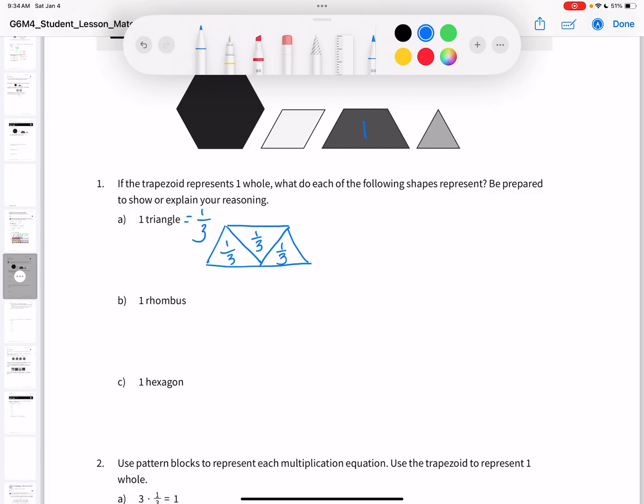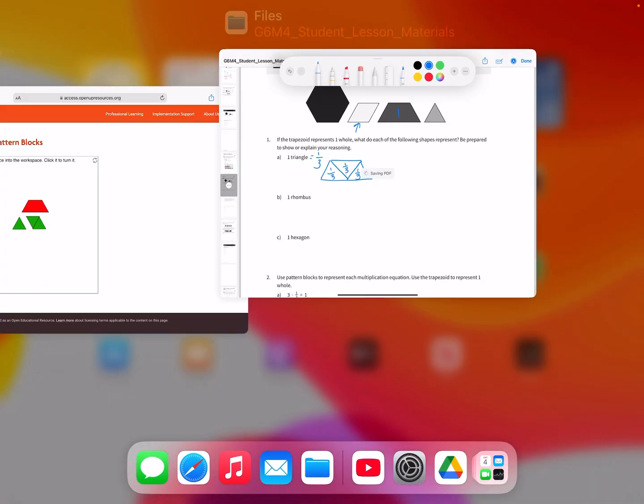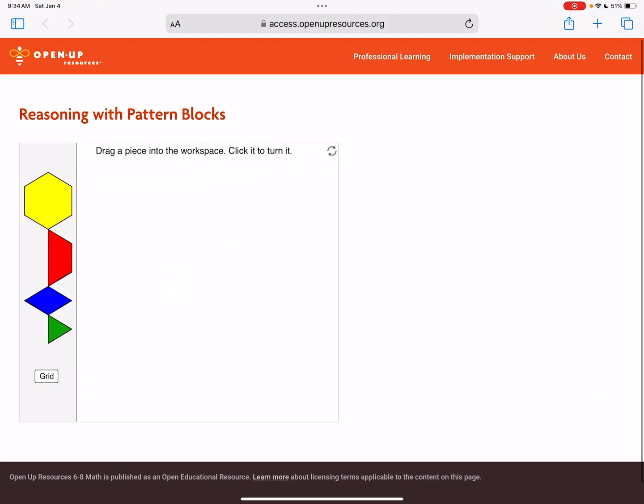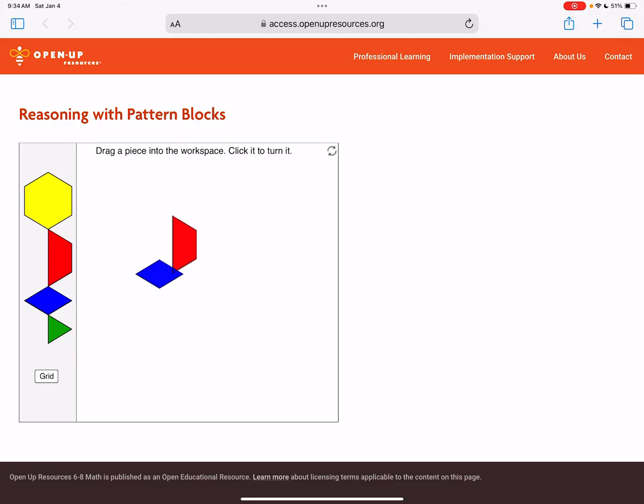Okay, now one rhombus. So now we're looking at this one rhombus. So let's go back here. So one rhombus, how does it fit with this trapezoid? Well, you can see one rhombus covers a lot, but not all of the trapezoid. So what do we have left over? Well, we have a triangle left over.